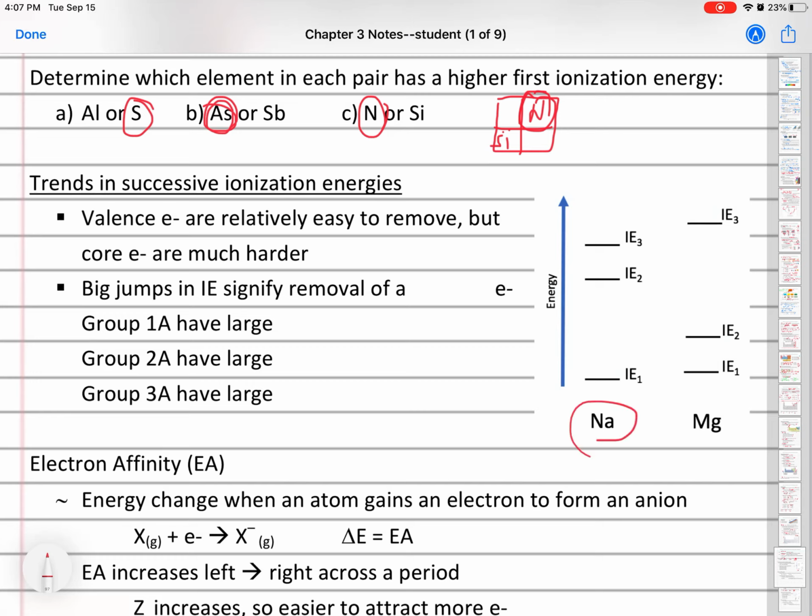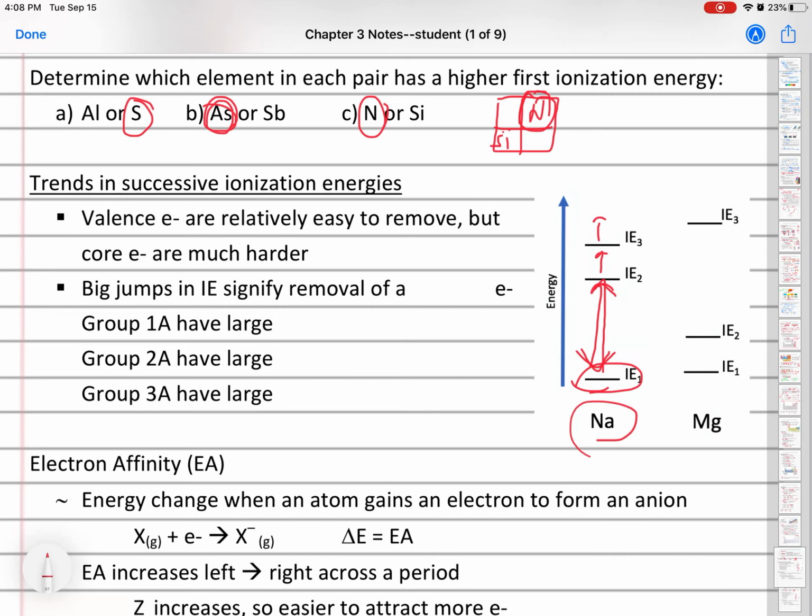So group 1A, like sodium, has one valence electron. Its first ionization energy, relatively low. But then the second ionization energy, you see this big jump, and then smaller increases in these other ionization energies, okay? That's because that first valence electron was pretty easy to pull, but the second electron was a core electron, so it was much harder.